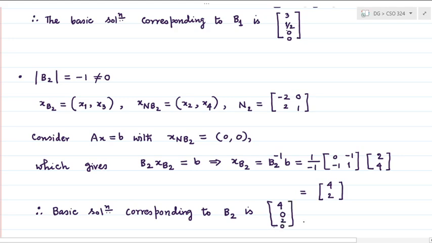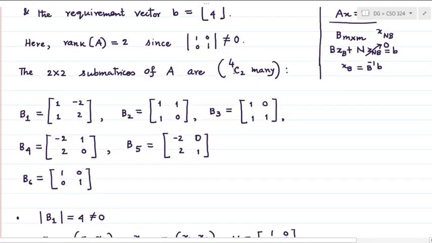So this is the basic solution corresponding to xB2. Here again all the components are non-negative, and therefore this is also a basic feasible solution. But it is not asked of us to find basic feasible solutions. If it is asked to find basic feasible solutions, then after finding the basic solution, you check whether all the components are non-negative or not. If all the components are non-negative, then that basic solution will be a basic feasible solution.